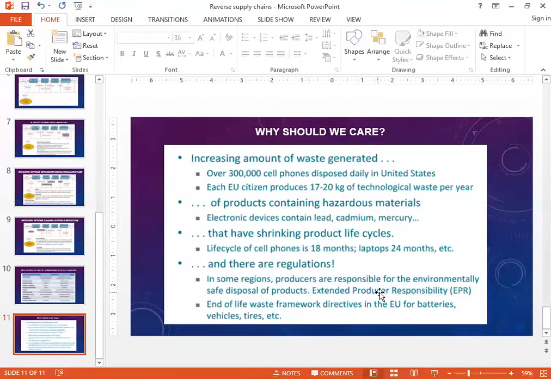This is called extended producer responsibility. So it's not as if once you sell a good, the company has nothing to do with it. In fact, nowadays, a lot of governments are saying no. If there is a good that could be environmentally hazardous, then it is the original company who sold that good. It's their responsibility to safely dispose of that product as well.